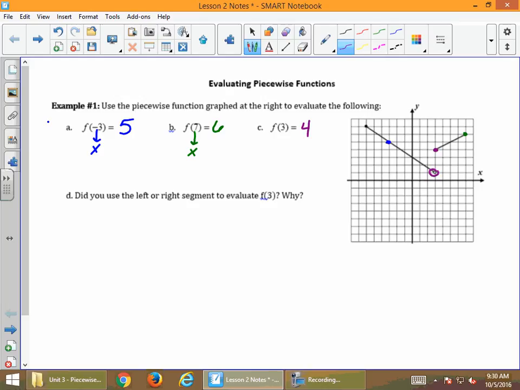Which statement did you use, the left or the right, to evaluate this one? Do we use the left one or the right one? Right. Why? It has a closed circle.